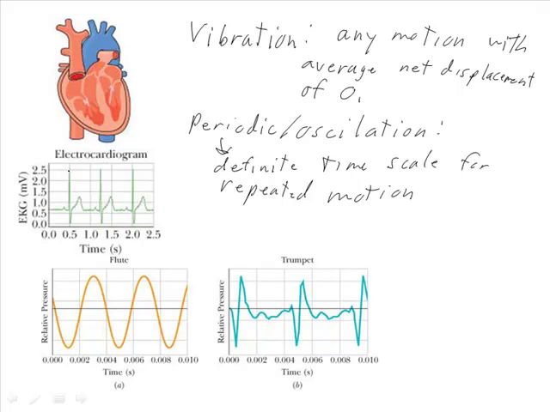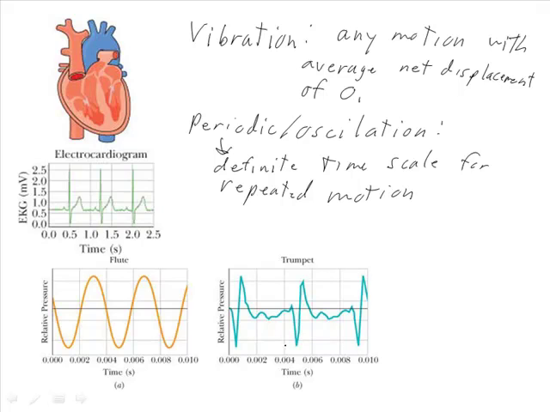So here, at 0.5 seconds to 1.25 to 2.0, so about every 3/4 of a second, the electrocardiogram is repeating itself. Here, both the flute and the trumpet are repeating themselves on a much shorter time scale. It looks like about 4/100ths of a second for the time scale that they're repeating themselves.